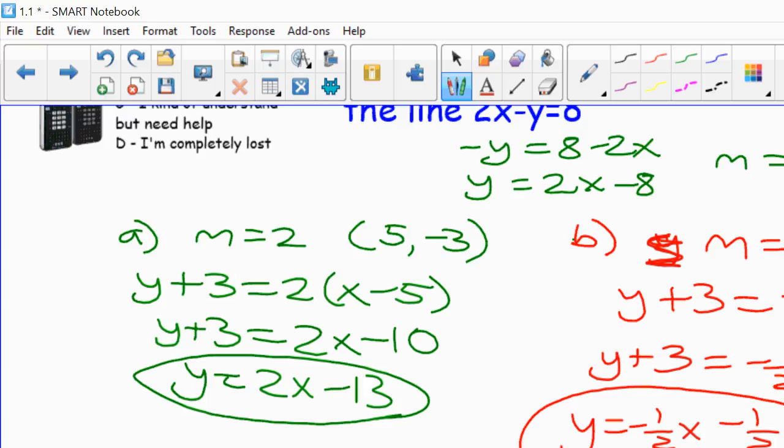Take a quick picture with your phone. Look like you're doing math.